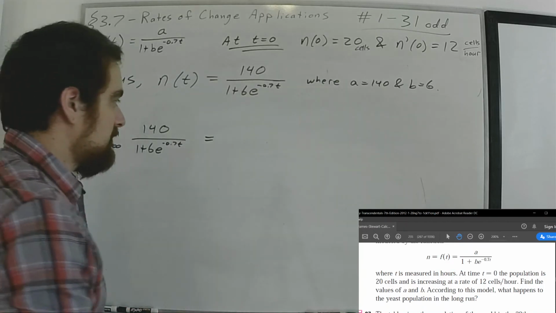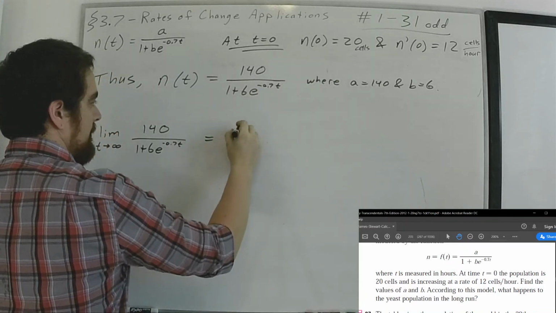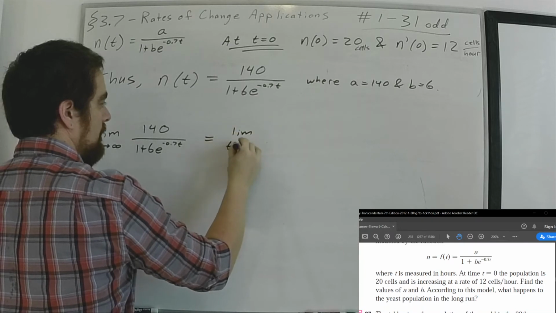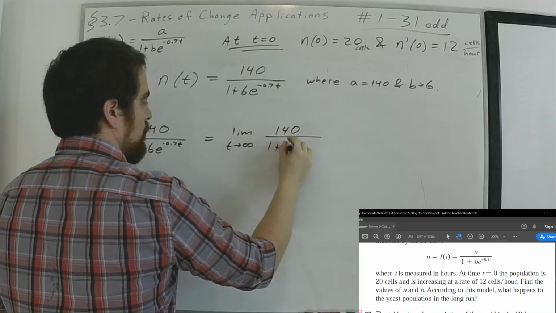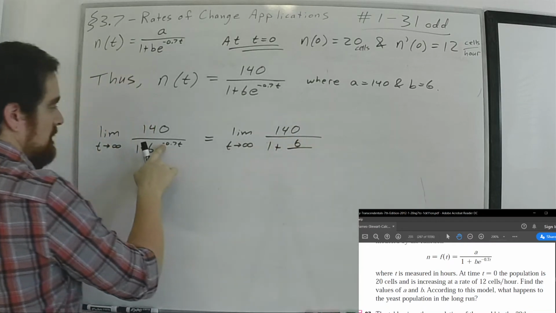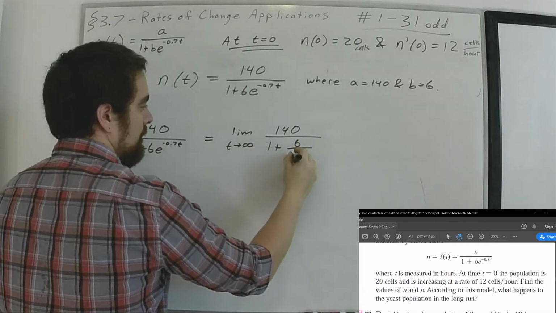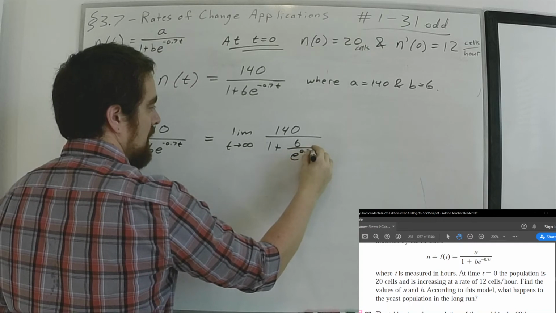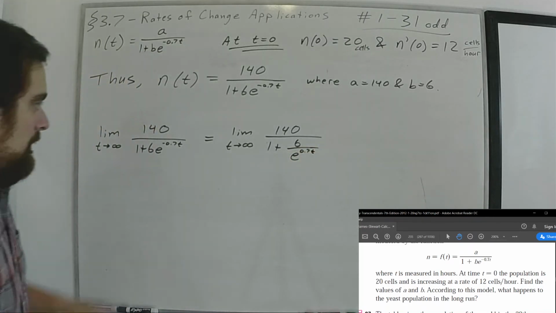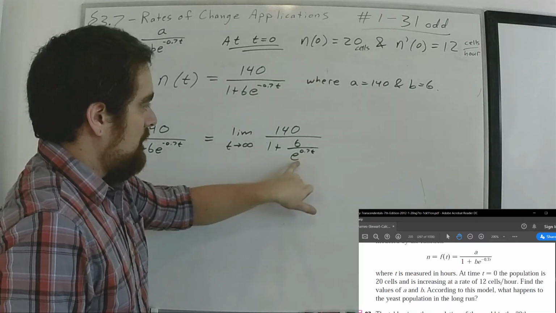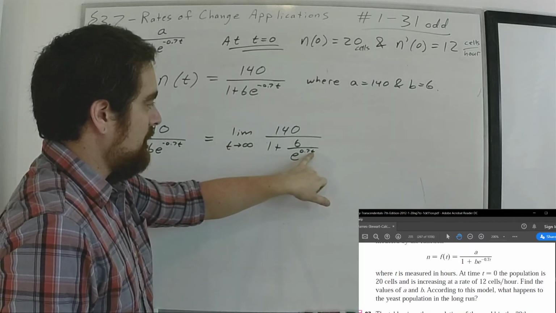Now we can find this limit very easily algebraically. It is the limit as t goes to infinity of 140 over 1 plus 6. This is a negative exponent, so I'm really dividing by e to the positive 0.7t. Now as t gets large, e is being raised to a very, very large number.